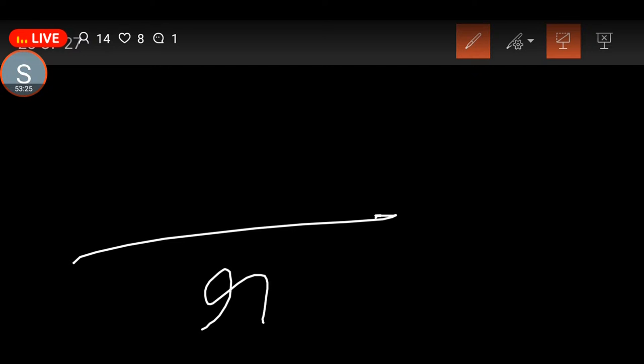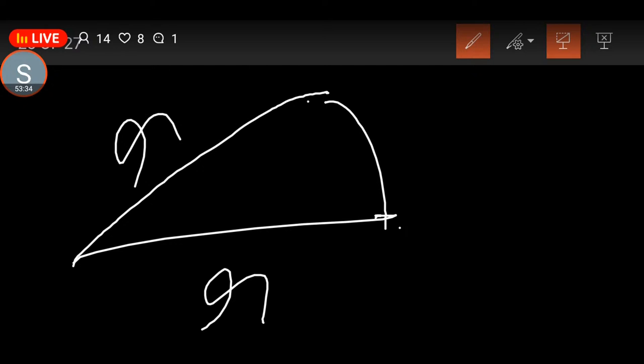I'll repeat again. The radian is the measure of an angle at the center of a circle subtended by an arc of length equal to the radius. What does this mean? In a circle, let's take this as r, and the same r. This is also r, and this is the arc length that you have taken.